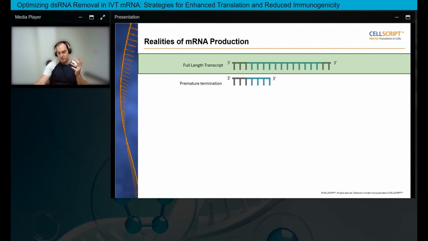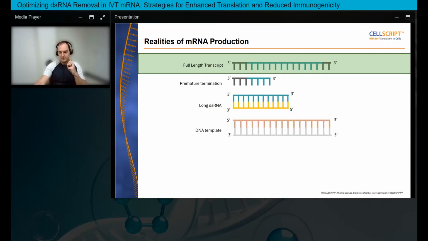One of those is premature termination, where the T7 polymerase will just fall off during IVT. Sometimes it just runs out of nucleotides, can't find them. You'll get long double-stranded RNA. We'll talk a little bit about that later. You'll have your DNA template that you used for producing that full-length transcript. That's just an obvious contaminant, can't get away from it. You'll have short dsRNA, which has different mechanisms of being produced than long double-stranded RNA, but we'll talk about that too.